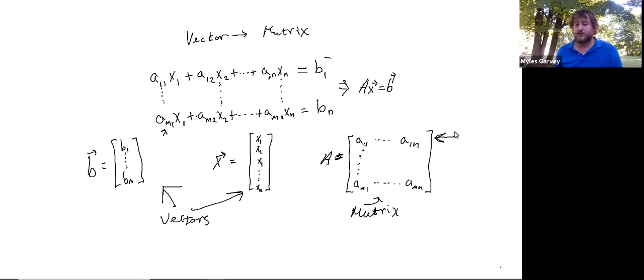So for example, I could have the vector A11 to A1n. Or we can look at vectors in terms of columns, in which case I could have, let's say, A11, A21, dot dot dot, Am1.